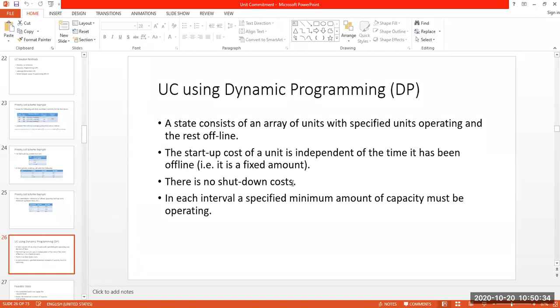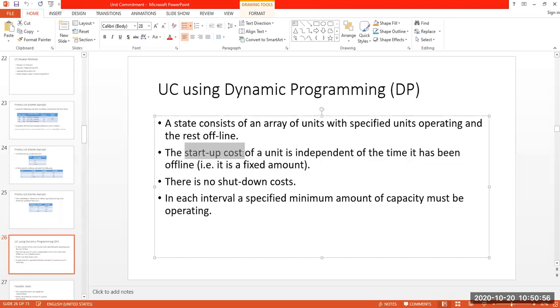Similar to startup cost, you could also come up with unit shutdown costs, but we have not discussed it in detail in this topic, so we are not going to take the effect of shutdown cost into account here. That is to say, when you are turning on the units, you assume some cost, the startup cost, but that cost is kept at some fixed value.